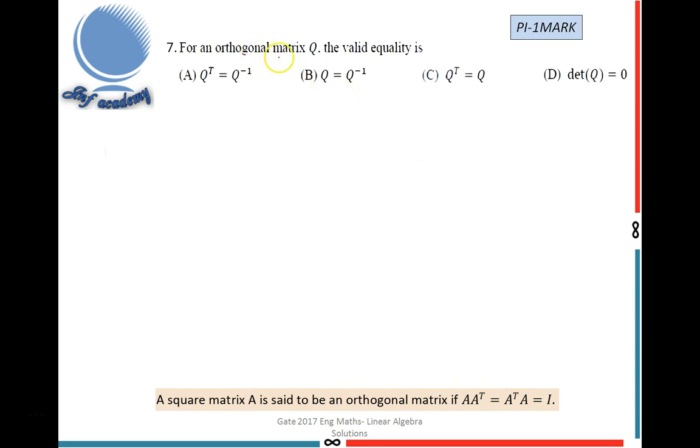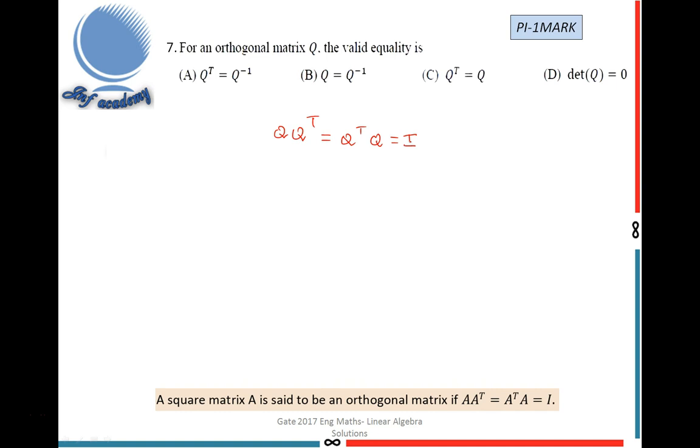So here Q is given as an orthogonal matrix. By the definition, Q into Q transpose equal to Q transpose into Q equal to I. When is the multiplication of two matrices equal to I? When these two matrices are one matrix and its inverse.